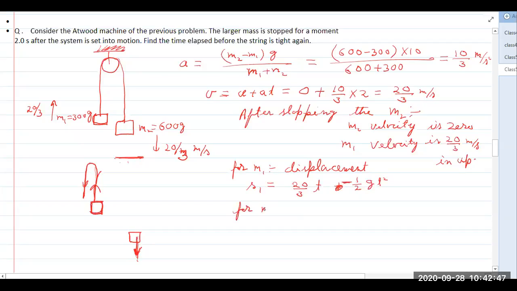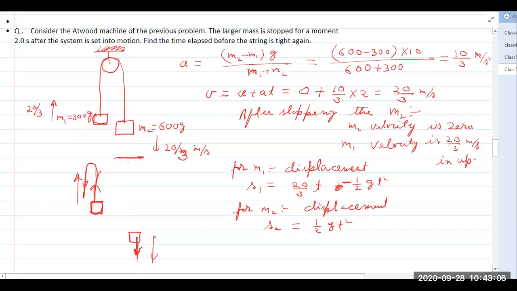Now for M2, since M2 is falling under gravity, the displacement S2 will be, since it is falling from rest, simply half g t square. This one we are taking in the downward direction, this one in the upward direction.